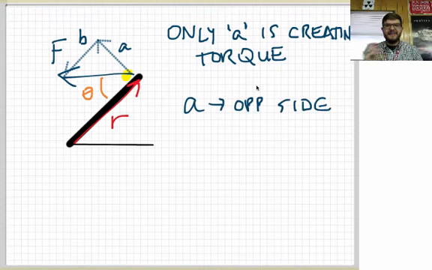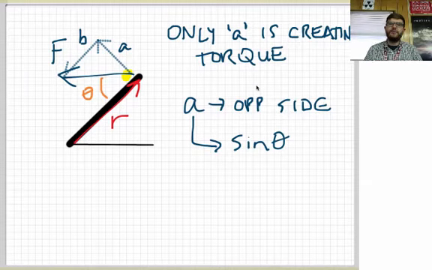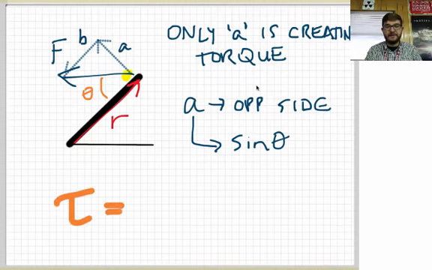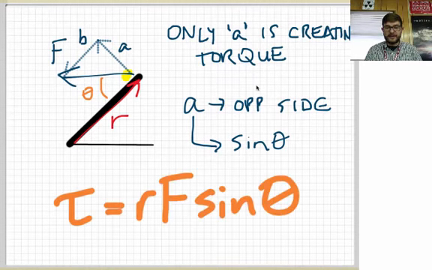Okay, because A is the opposite side of our triangle from the angle, that means we need to have a sine theta term in there if we are given a force at a different angle. So then our real torque equation becomes torque equals RF sine theta.